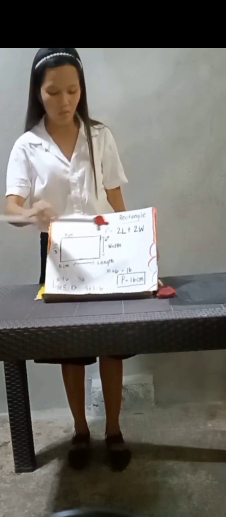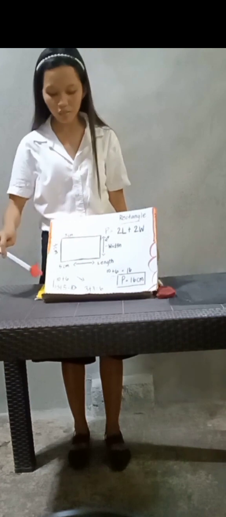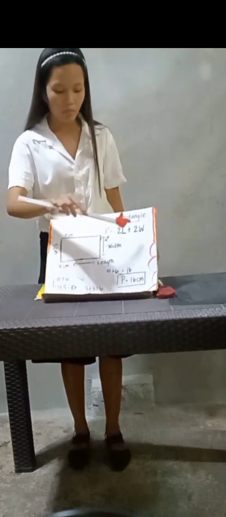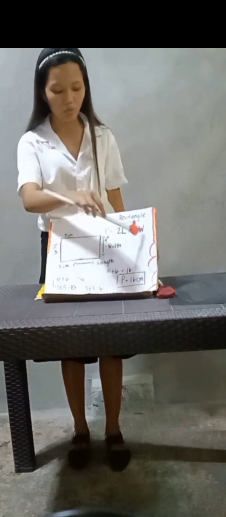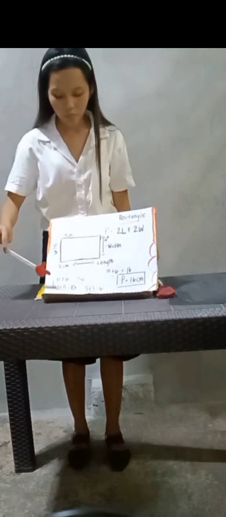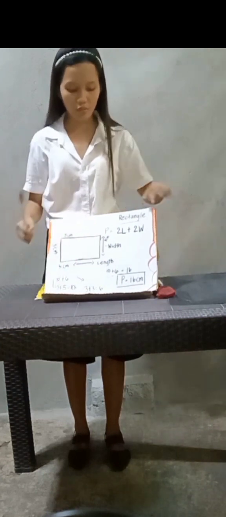The next is to get the 2W, the width: 3 plus 3 equals 6. So 2L plus 2W, we already got this 2L and this 2W, so we need to add them. 10 plus 6 equals 16. So the perimeter of this rectangle is 16 centimeters.